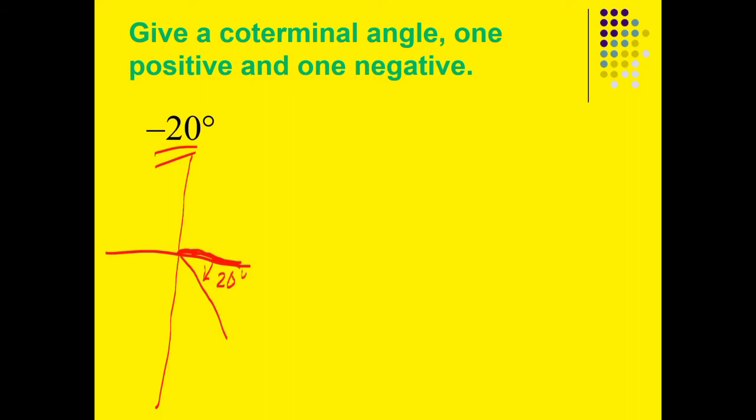So this is our negative 20 degree. So therefore we are going to rotate further. So we could now set negative 20 as the initial or the base angle, then rotating 360 degrees, so we come up with negative 380 degrees.